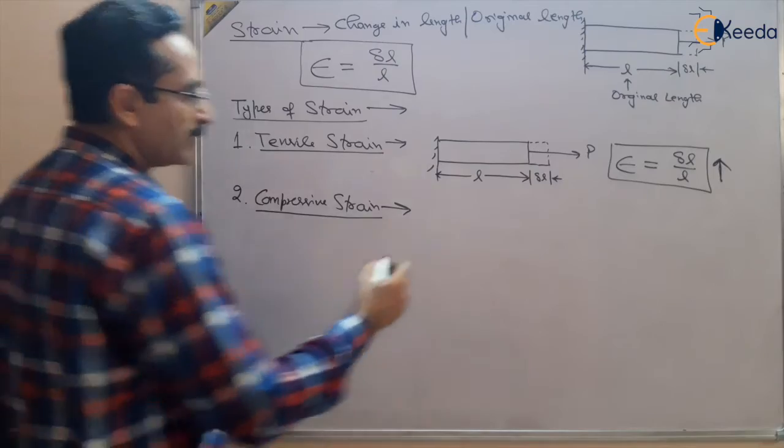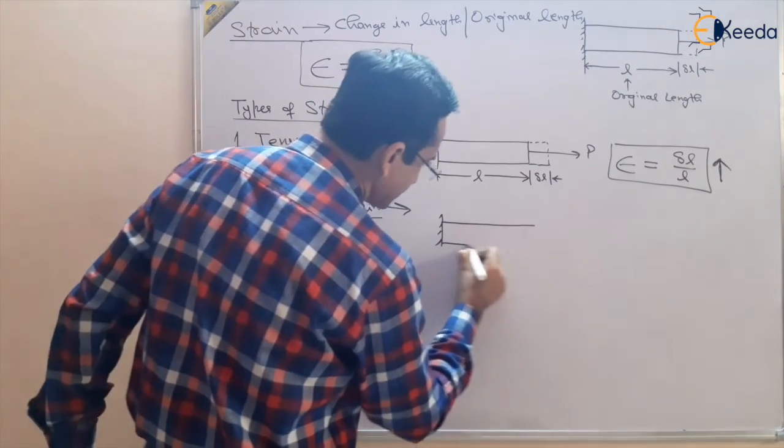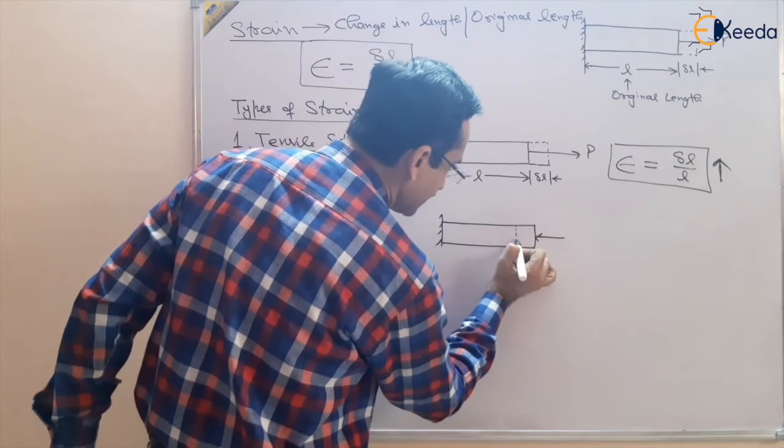Second is compressive strain. The force is acting in such a way that it is trying to compress the body so that there is decrease in length of the body.